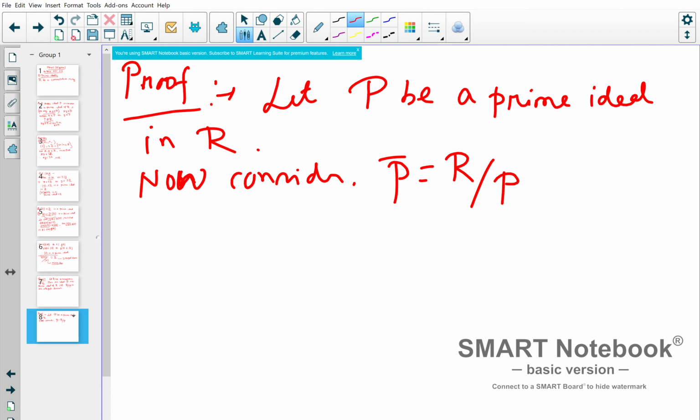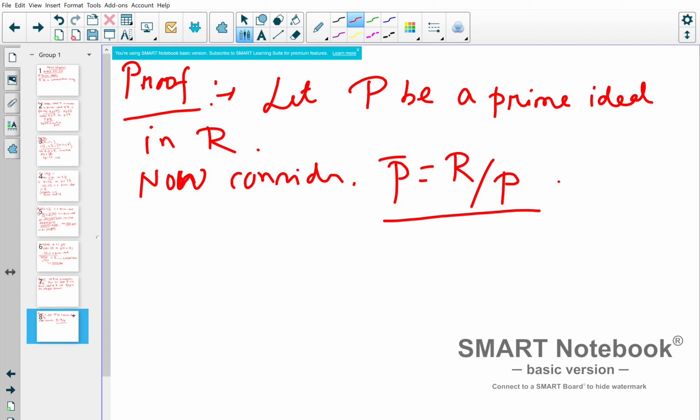Okay. So to show something is an integral domain, what do I need to show? I need to show that there is no zero divisor, right? So no zero divisor means if you take two elements whose product is 0, then at least one has to be 0, right? Both cannot be non-zero.